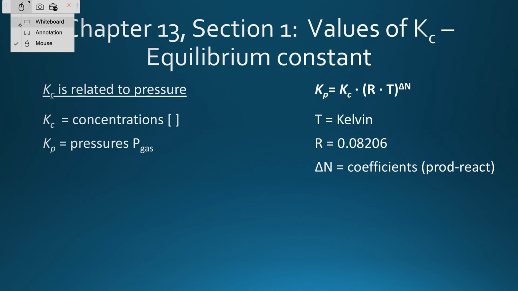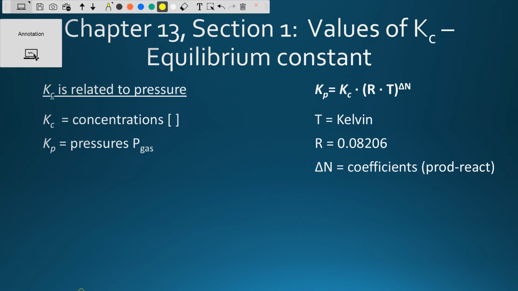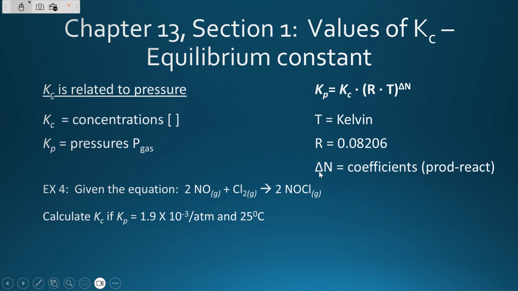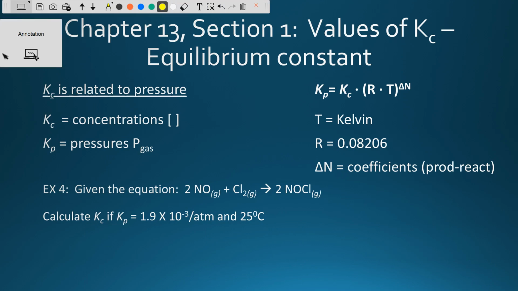If I was just going to do the math with it, and I want to see what's going to happen in this type of scenario. Given this reaction, I want to know what my change is going to end up being, my final at equilibrium, if my pressure started out at 1.9 times 10 to the negative 3.